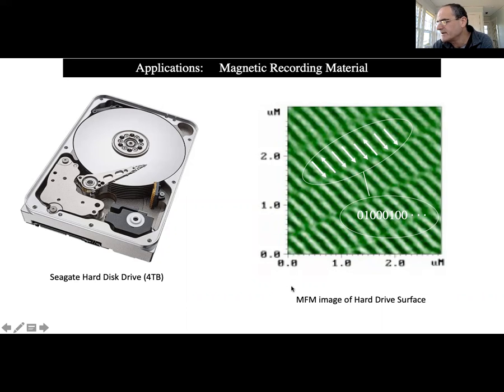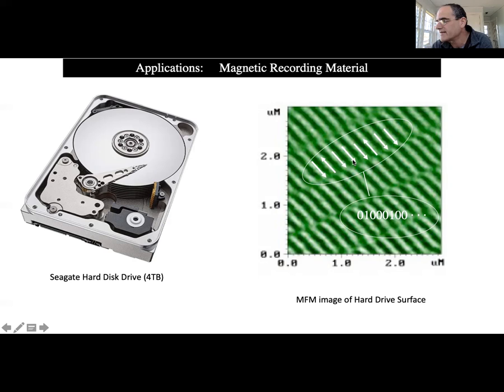So this is an image taken with something called a magnetic force microscope. It's like an atomic force microscope, except it has a little magnet on the tip, so it's sensitive to magnetic forces. And in this image, you can see tracks. Here's one track, here's the next track, here's the next track, and each track is divided up into bits, and each bit can store one piece of information.